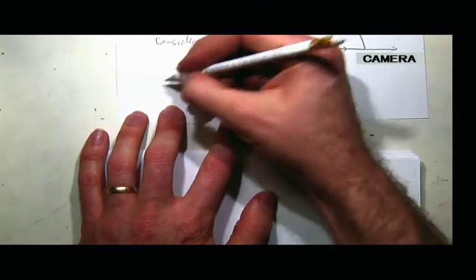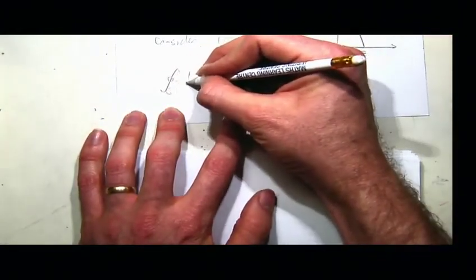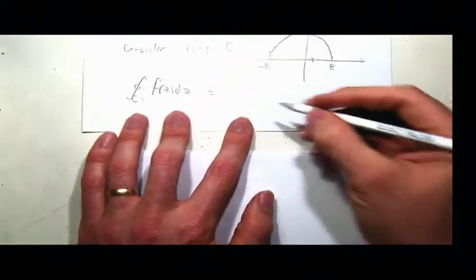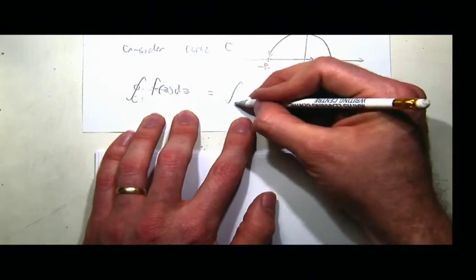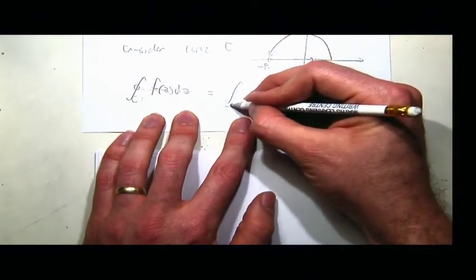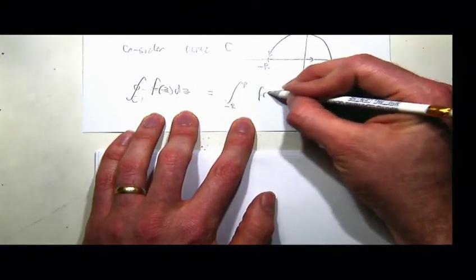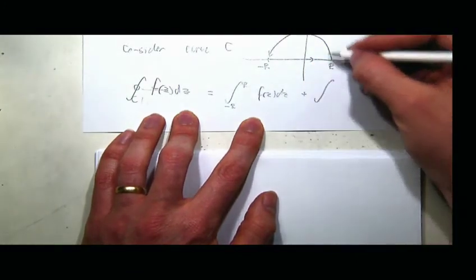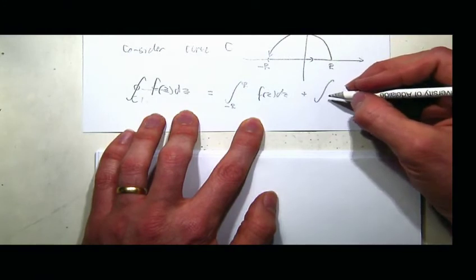Okay, so we can do this. The integral around this curve of f of z dz is the integral from minus r to r of f of z dz plus the integral around the half circle.